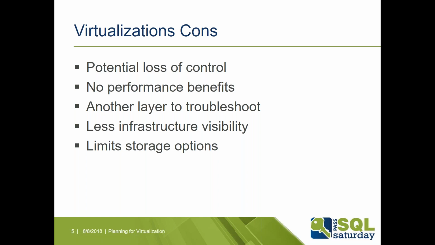If anybody is using NVMe, they will know that it's really, really fast, but typically you need to set it up as local storage, certainly to maximize the benefits. And with virtualization, in order to utilize it fully, you need to have shared storage. So that can cause a limitation on your storage options and can also drive your costs up.